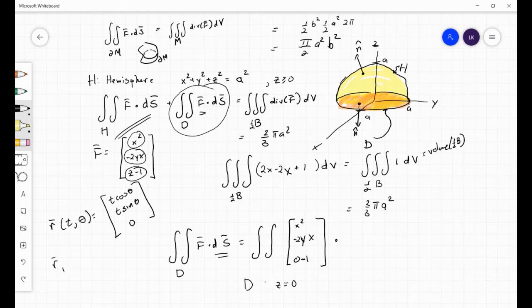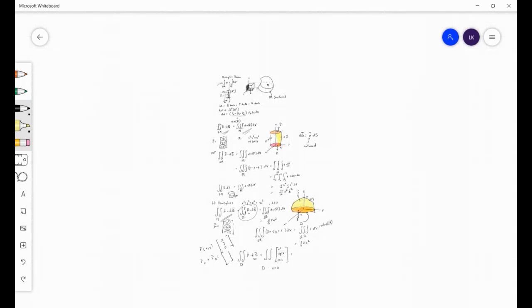Then I could compute the derivatives with respect to t and theta and take the cross product. Or maybe not even that. Let me backtrack. Maybe not even polar. I can parametrize that disk in terms of x and y, and z would be 0 in the xy plane.